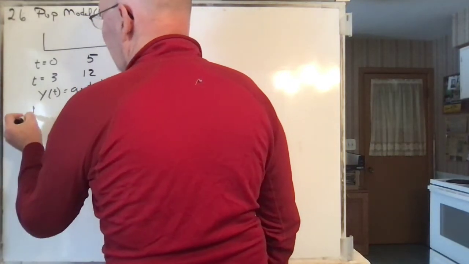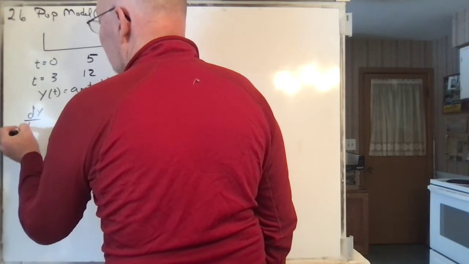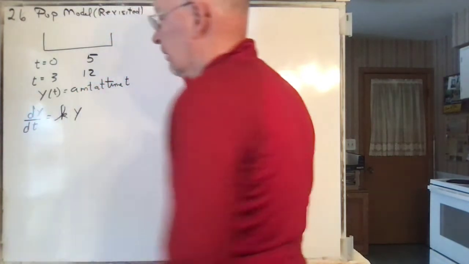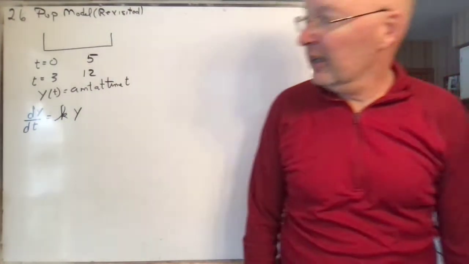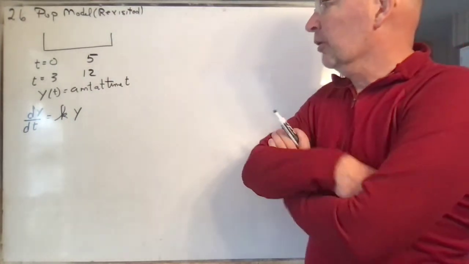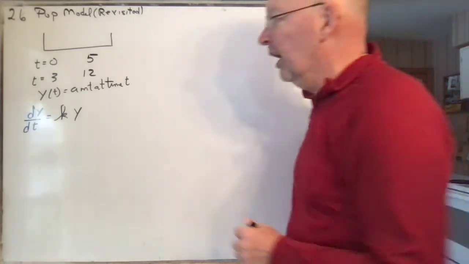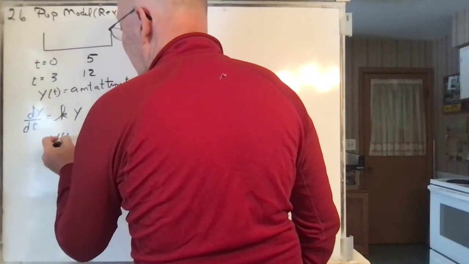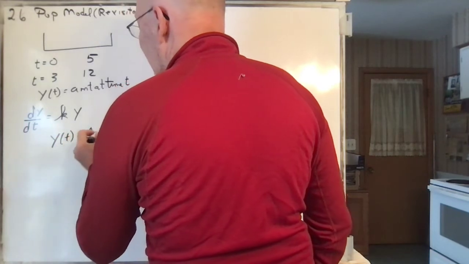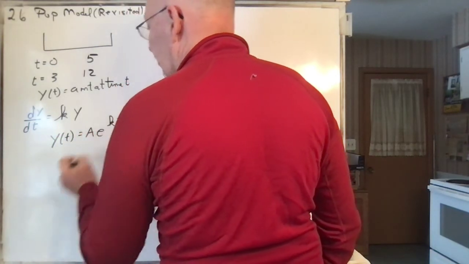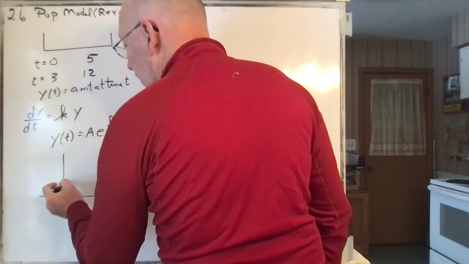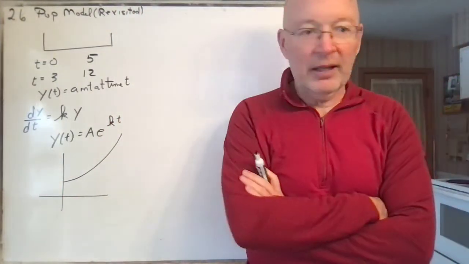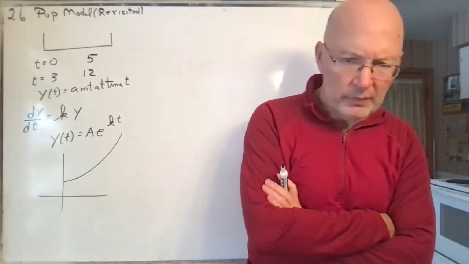then we said, okay, the amount of change is going to be proportional to how much is there, right? If you have twice as much there, you're going to get twice as much growth, and that gave rise to a solution of the form a times e to the kt, and of course that gives rise to an exponential growth like that. So we've done that a bunch of times now.